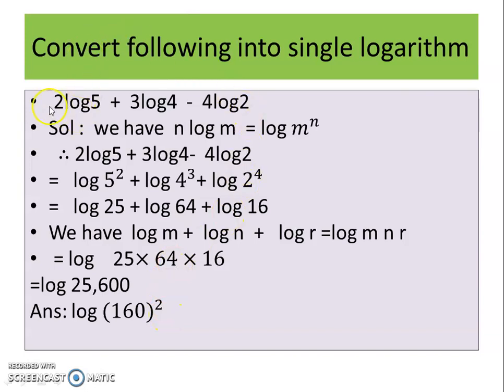So we convert the 3 logarithm terms into a single logarithm term. Be clear that here I gave the minus, we solved it in a plus format, and in a minus format also we can easily solve this example. We take this example in the next lecture in the form of a plus sign.